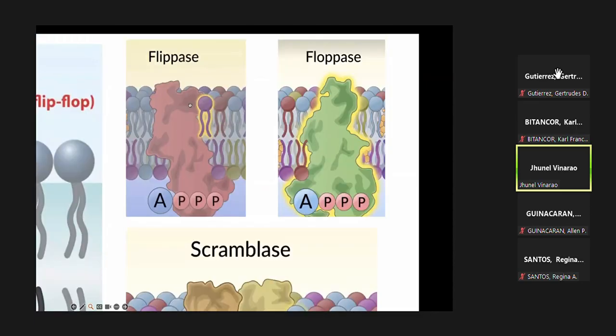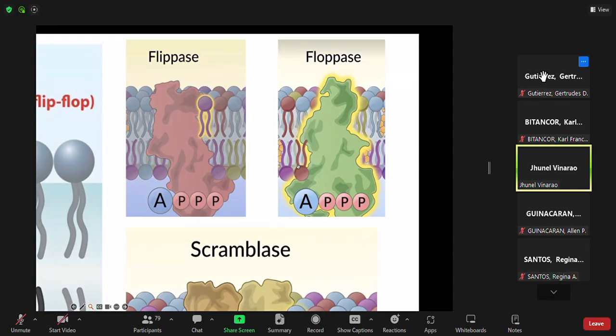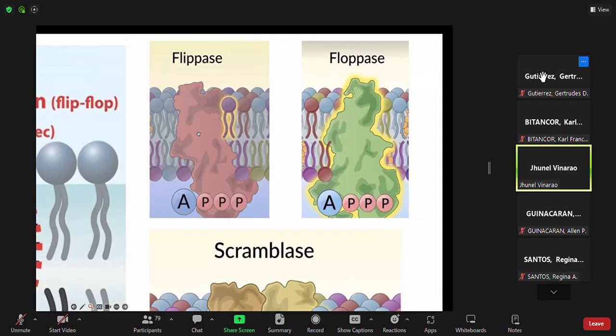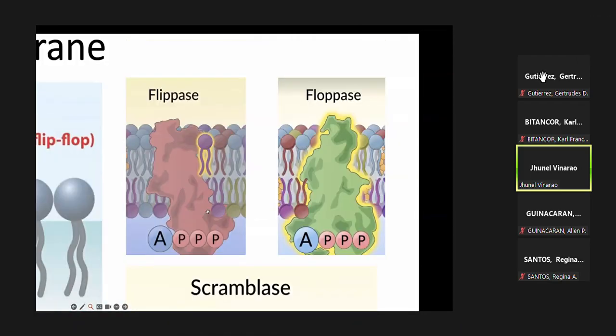So for flippase, you're moving from the non-cytosolic to the cytosolic monolayer. If it's floppase naman, from the cytosolic monolayer to the non-cytosolic monolayer. So yan yung mga enzymes involved. And this requires energy, adenosine triphosphate.